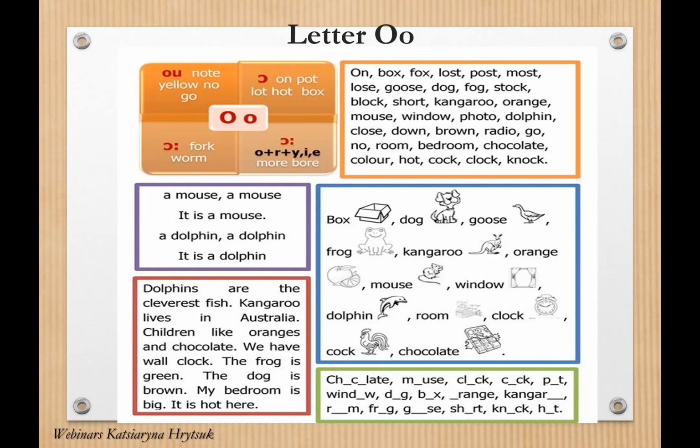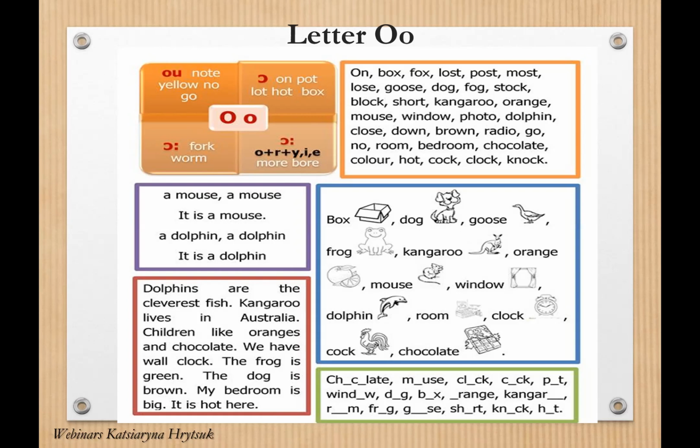Oranges and chocolate. We have chocolate. We have a wall clock. Wall clock. I also have a wall clock. The frog is green. The dog is brown. Green, double E. Okay, next. The dog is brown. My bedroom is big.